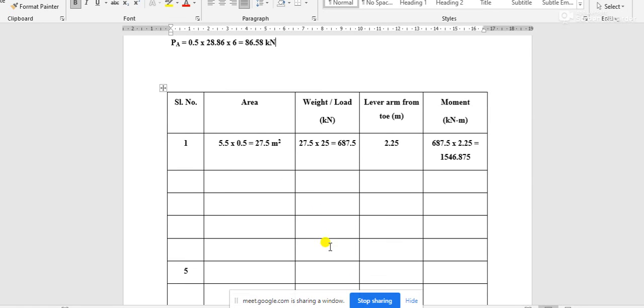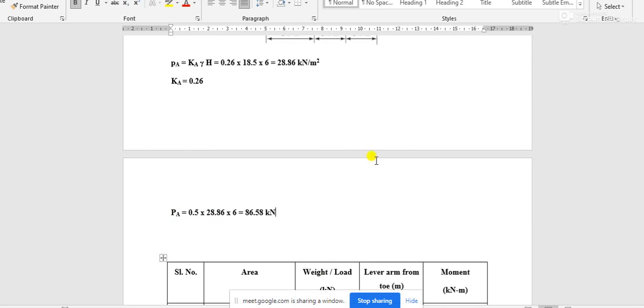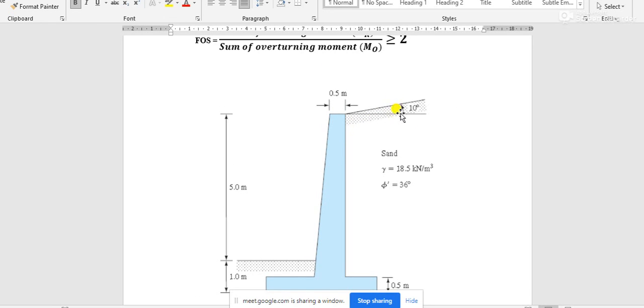So this active thrust is acting inclined to the surface of the retaining wall at an angle of 10 degree.